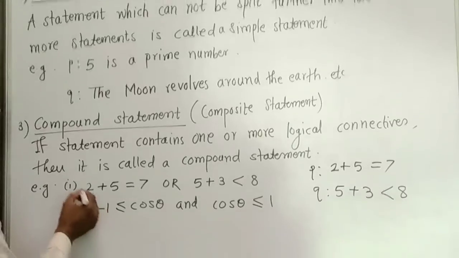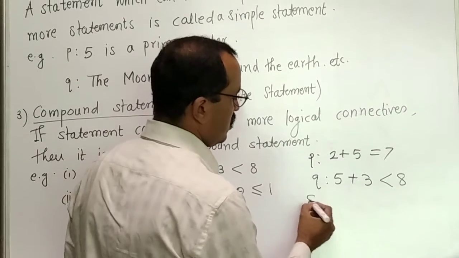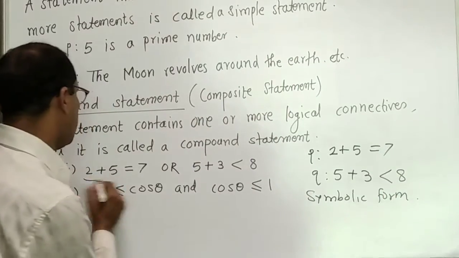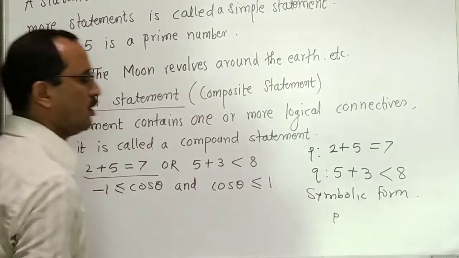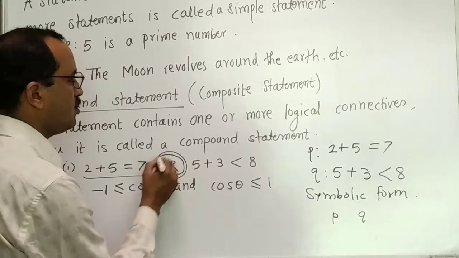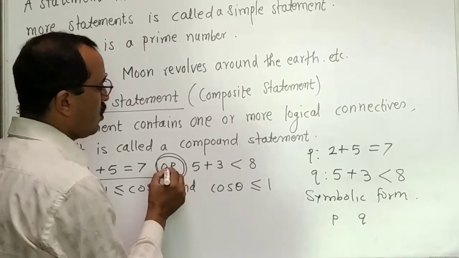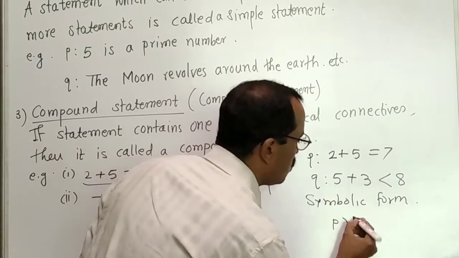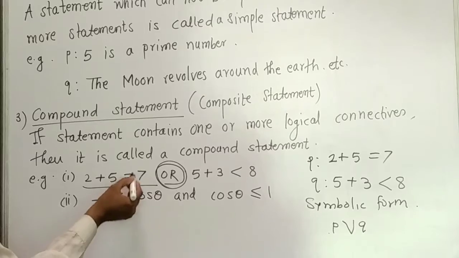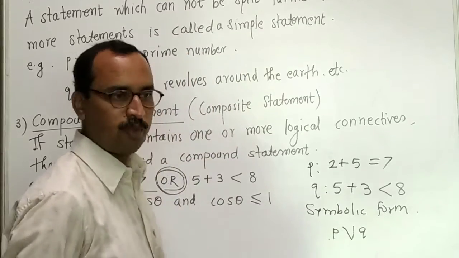If we write this total compound statement into symbolic form, this statement is P, so I write here P. This statement is Q, here I write Q. And in between, the symbol for the connective OR is V. So this is the symbolic form of this statement: 2 plus 5 is equal to 7 or 5 plus 3 less than 8 is P or Q.